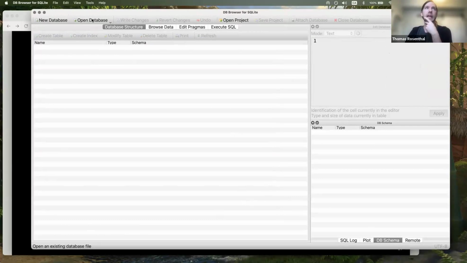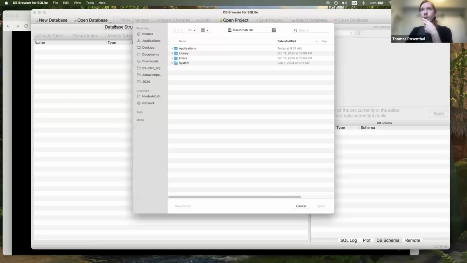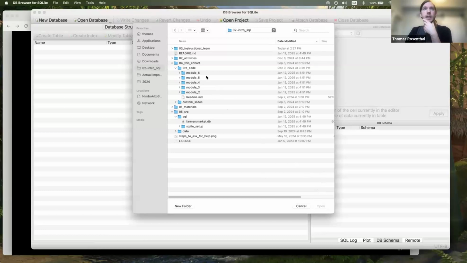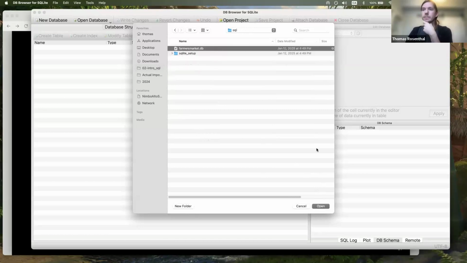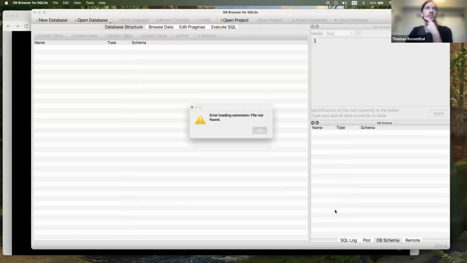In the top left corner here is Open Database. When you open a database, it will prompt you with a file window. Navigate to where you have your GitHub repo cloned. For me, it's in my Documents. You'll find the farmersmarket.db in the 05 SRC folder and the SQL folder. You can go ahead and hit Open.